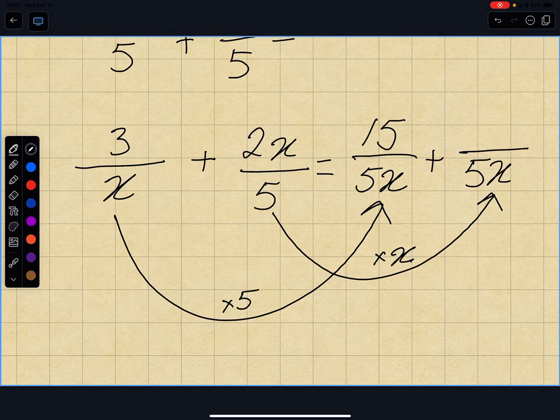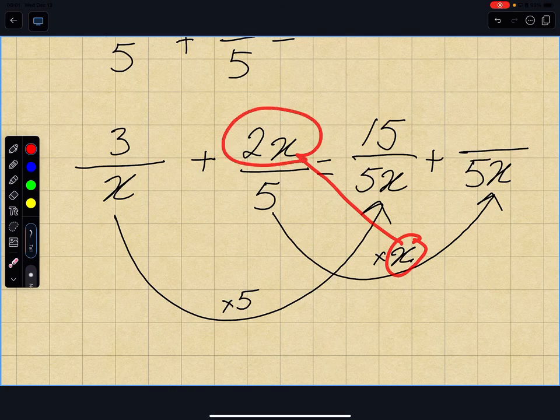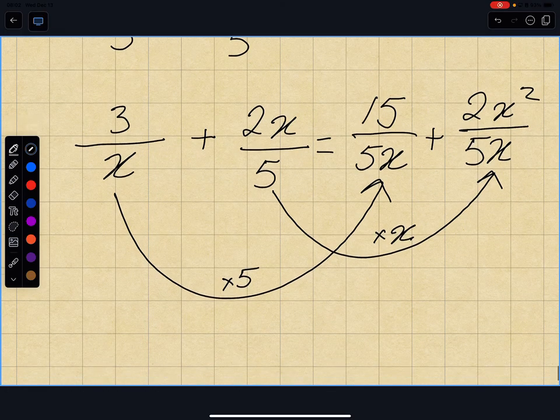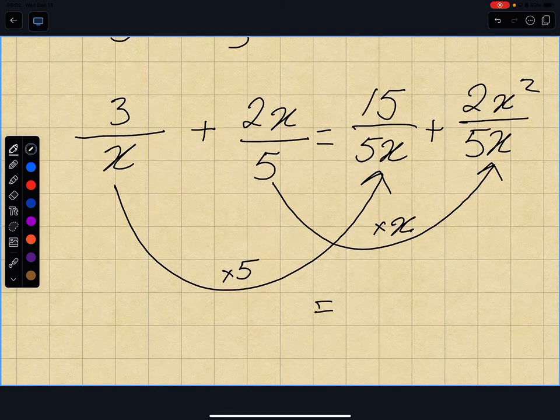So now poses maybe a challenge, which should not be a challenge. X multiplied by 2x. 2x squared. X times x. That is why you practice chapter 1. And are we done? Of course not.